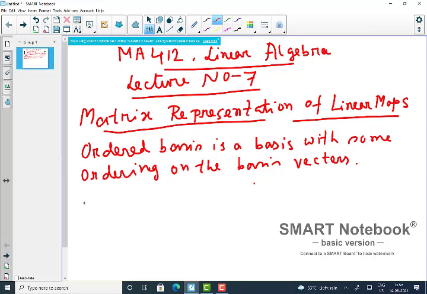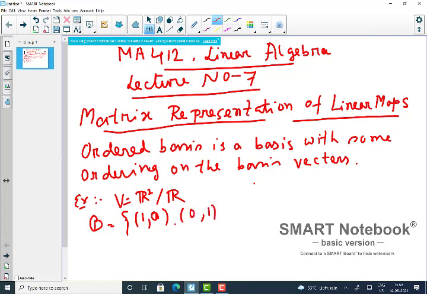So for example, let me just give a very basic example. Suppose it is my R2 over R. In the Cartesian coordinate system, we generally have this kind of basis, 1 0 and 0 1, and this is called the standard ordered basis. Ordered means this is the first vector v1 and this is the second vector in this ordering.